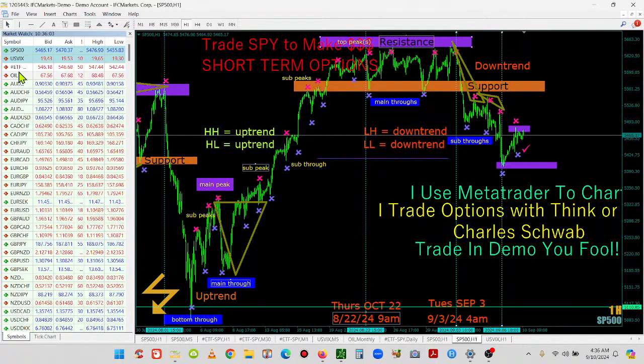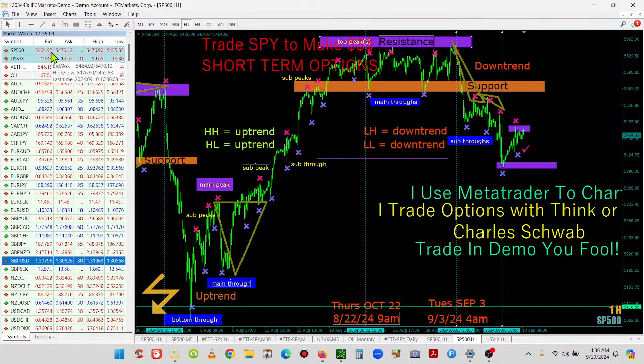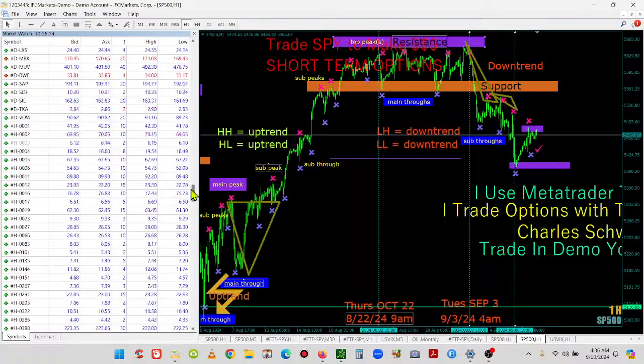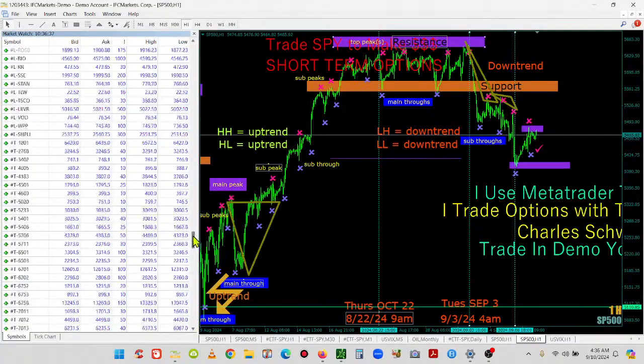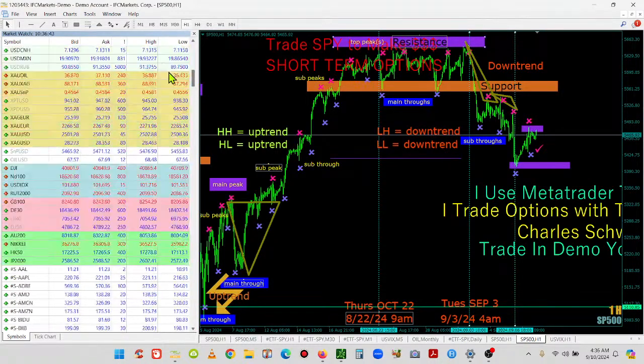You should be able to find it in here somewhere. Mine are listed at the top, what I use, because I had those open last. You want to find ETF SPY, either by looking through the list, and you will find it somewhere in these symbols.